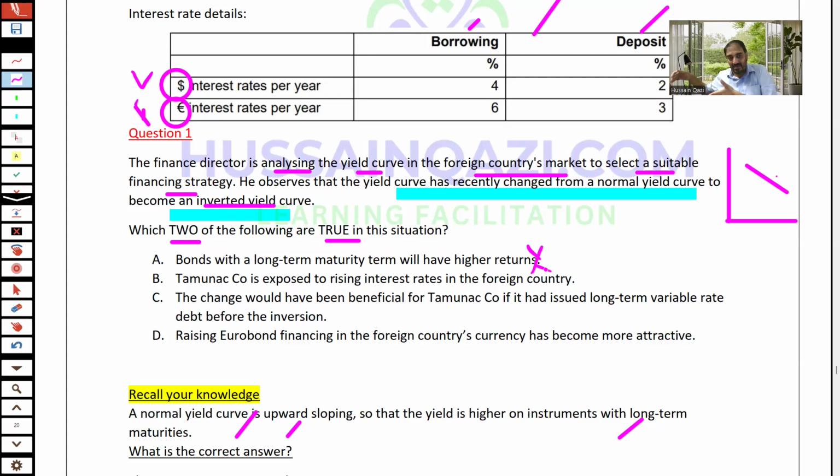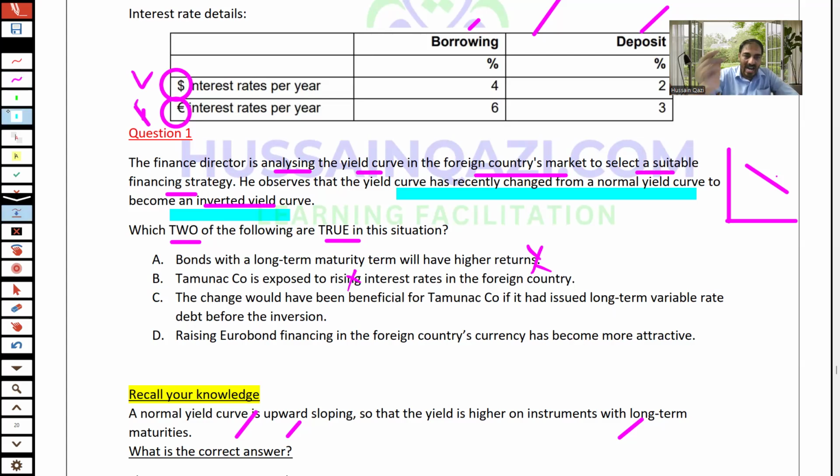So is this the risk of an interest rate increase? No. How is it possible to increase? So statements A and B are absolutely wrong. The rest, statements C and D, you have to select. But we have to discuss C and D as well.